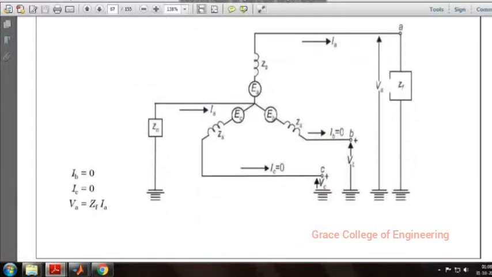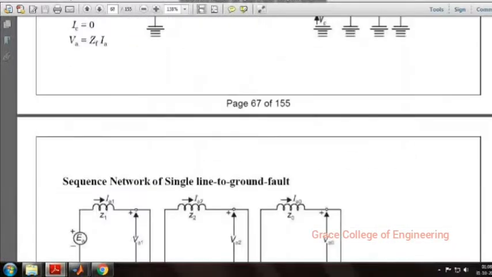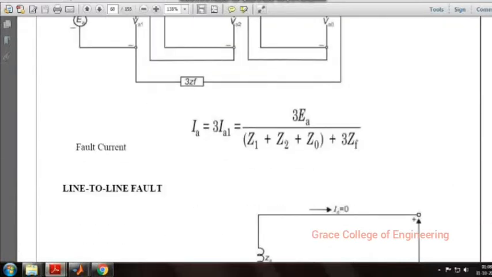For each and every fault, there will be different formulas.